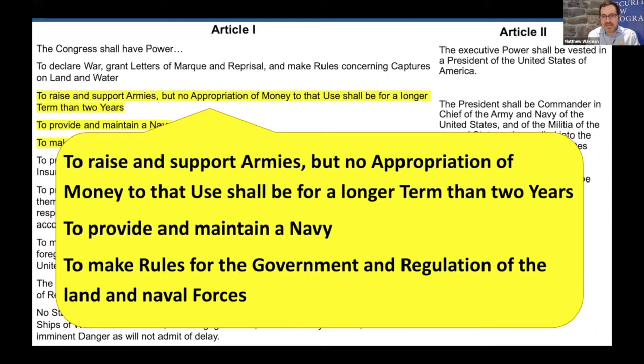The logic being that the founders were worried about standing armies as possible instruments of political repression, but military expenditures for big capital projects could extend beyond 2 years. But I think those are the reasons why you see, as you observed, a difference in the language there.